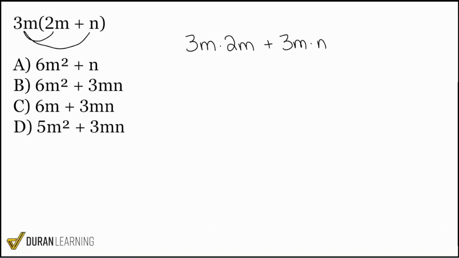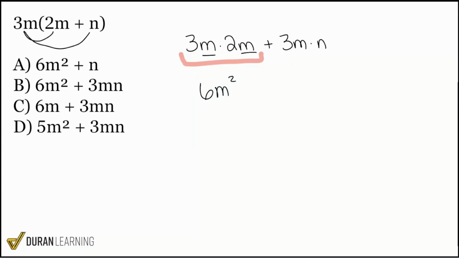So now that we've done that, sweet, we're good to go. We are set. So now let's take care of each individually. So 3m times 2m, 3 times 2 is 6. M times m, that's going to create m squared. Remember, 2 of the same thing multiplied together, that is the same as squaring that item.